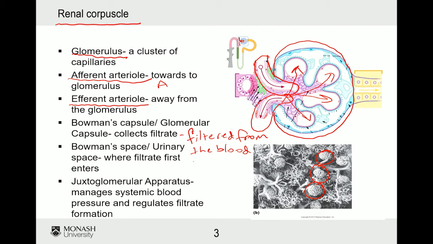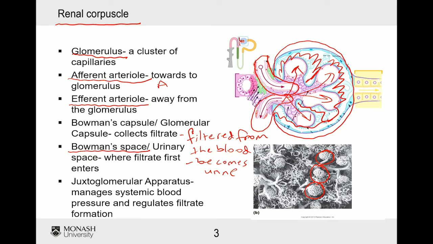And it becomes urine. The Bowman's space is this area here between the Bowman's capsule and glomerulus. That is where the filtrate first enters the nephron.